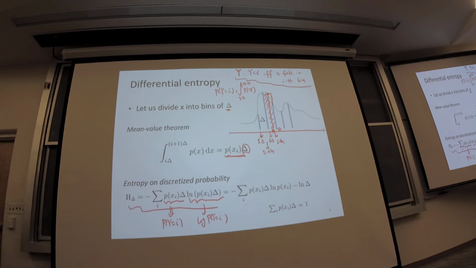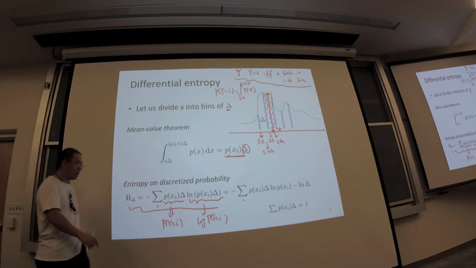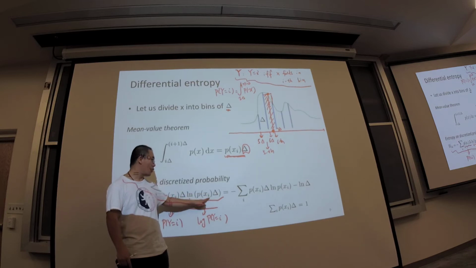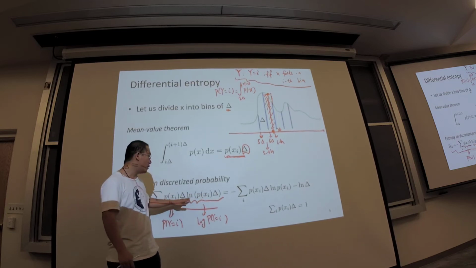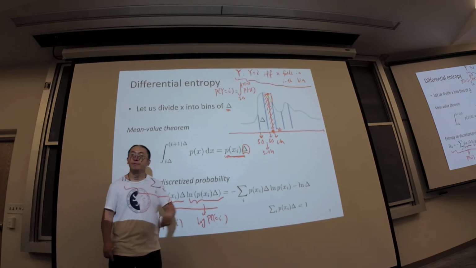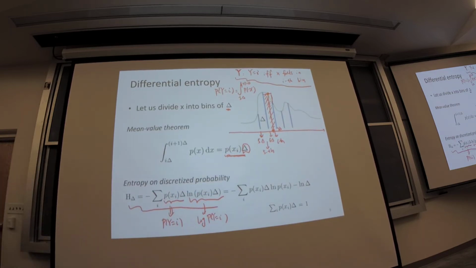So now, if we do some simple manipulation, because the logarithm of a product, the length of the bin multiplied with this probability, is just a log summation: logarithm of p(x_i) plus logarithm of delta. You just multiply p(x_i) delta with this term and with this term separately, and you obtain these two terms.